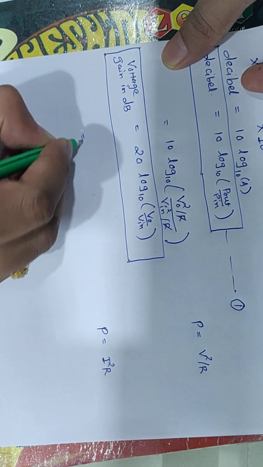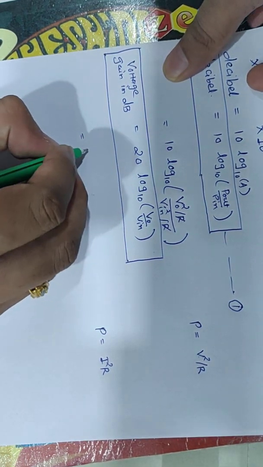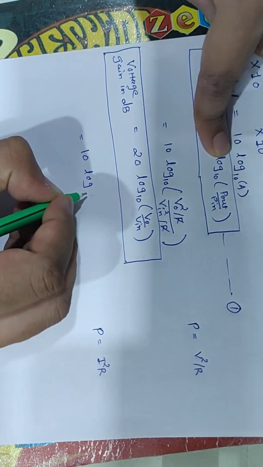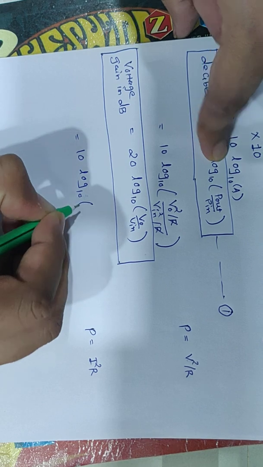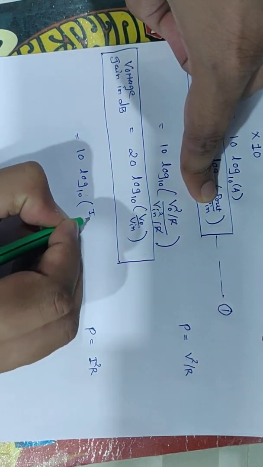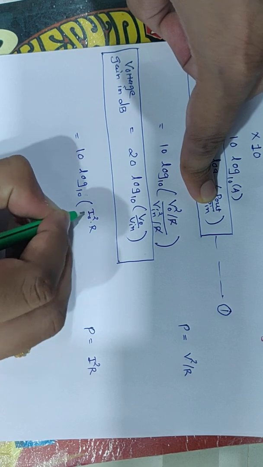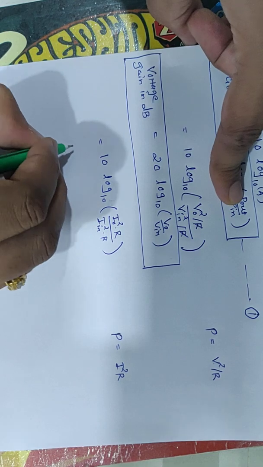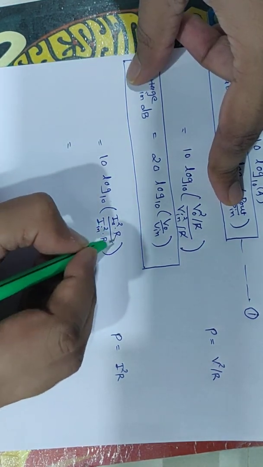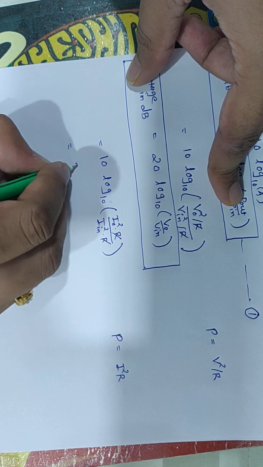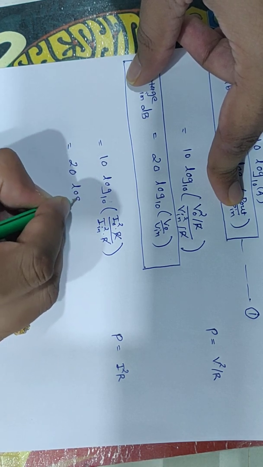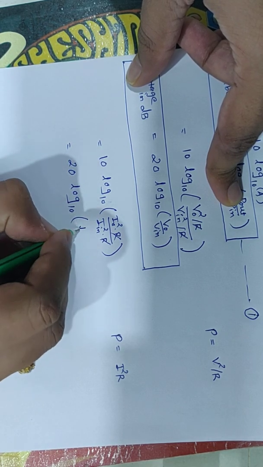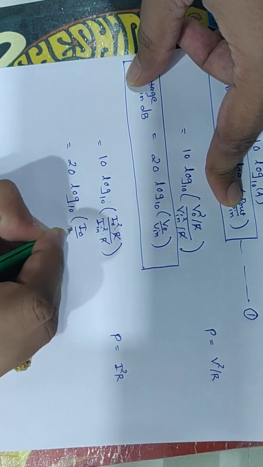Represent the equation in the third format, that is 10 log base 10 P out, which is I out square into R upon I in square into R. R will cancel out, and the equation becomes 20 log base 10 I out upon I in.